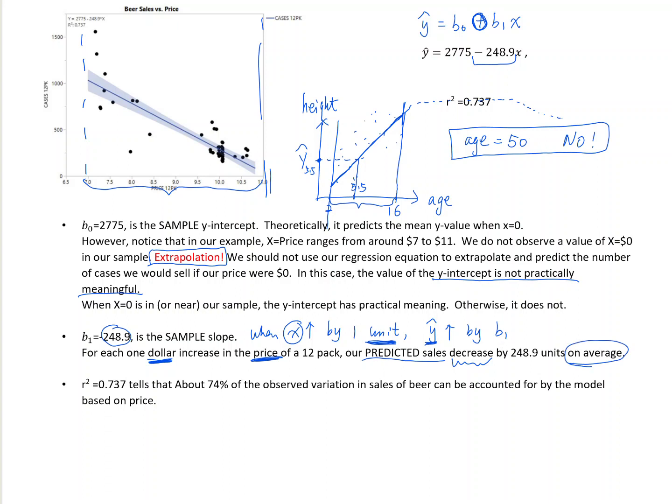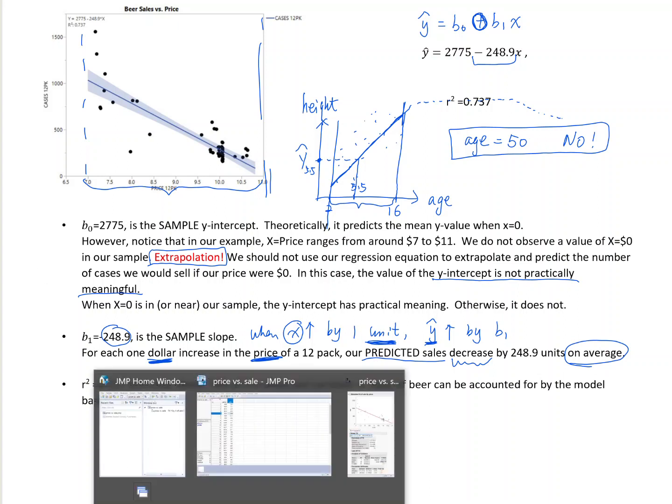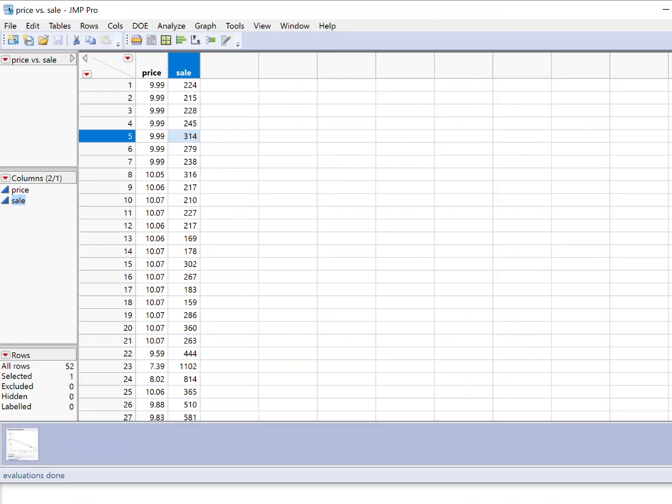Alright, so we say that the predicted sale is the thing that's not for a single one, right? So it will be for any, for example, like this. Okay, for this case, right? So for all of these stores, the price is 9.99, right?